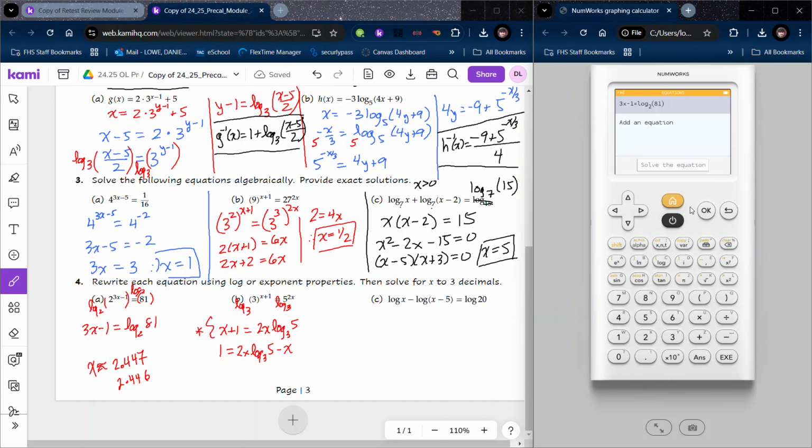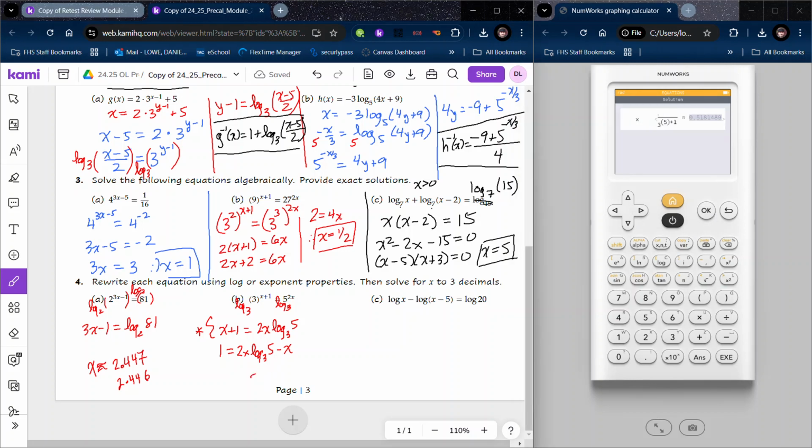If I have my equation solver, I can put from that first step x plus 1 is equal to 2x, because I can take the exponent and bring it to the front of my logarithm. So 2x log of 5, but I need to make sure I adjust the base. So 2x log base 3 of 5.